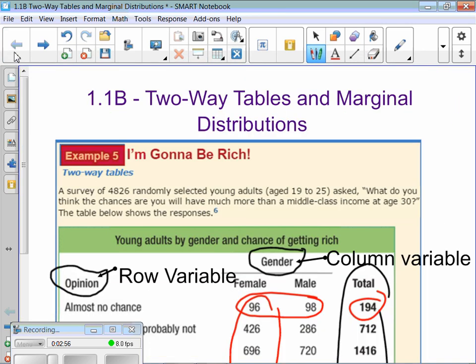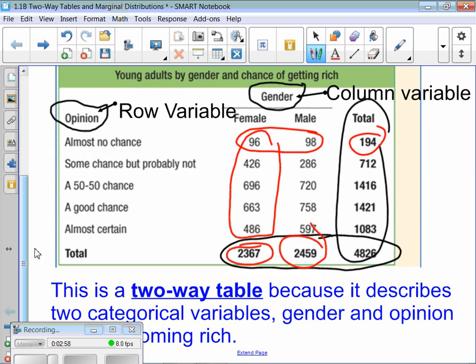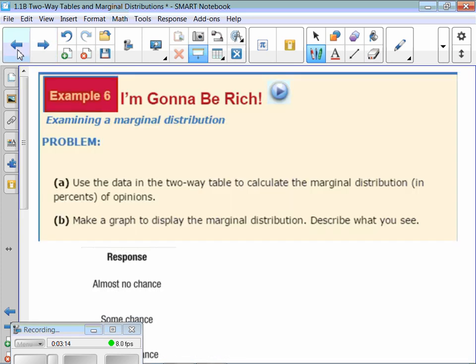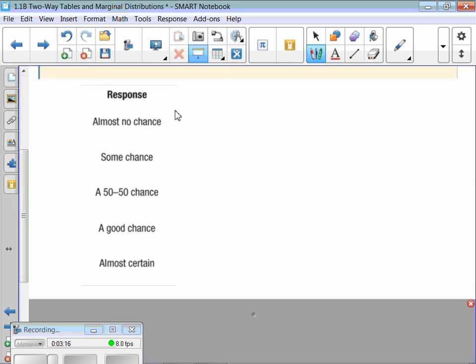So if you go back to this table, we want to separate out by opinions. In other words, what percent of all the people said almost no chance? 194 divided by 4826.